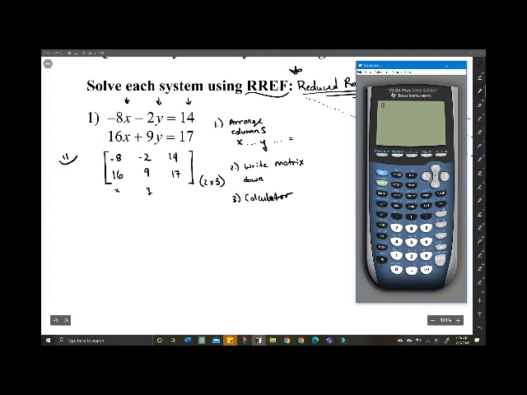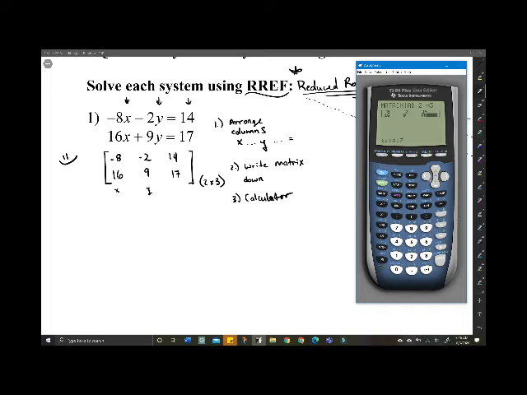So remember that second matrix, over to edit. If you already have a 2x3 in there, you can just edit right over top of it to put these numbers in. -8, -2, 14, 16, 9, and 17.